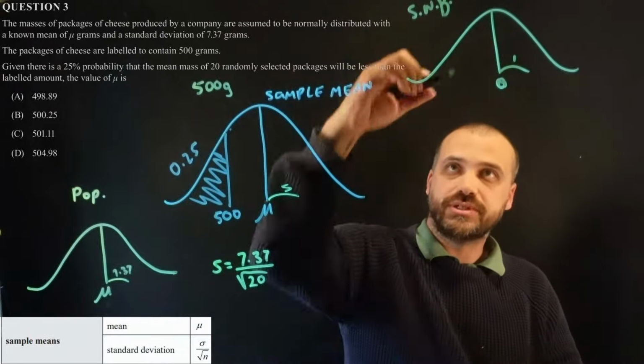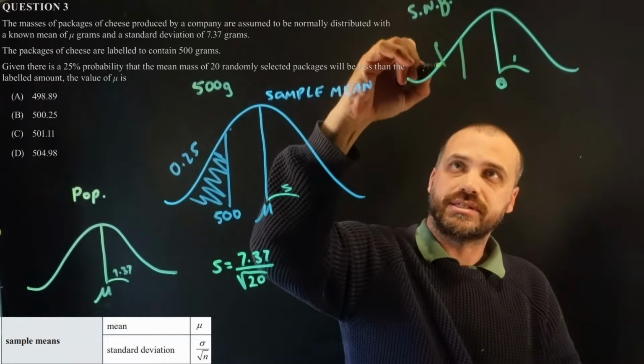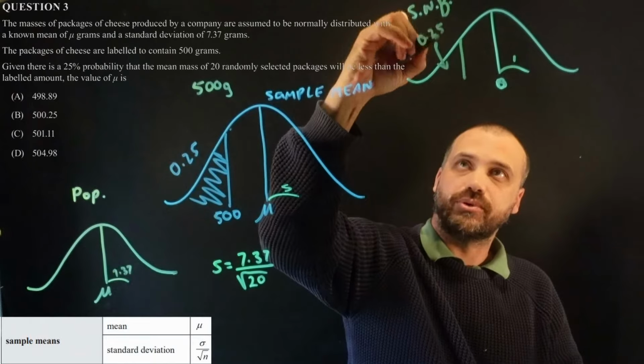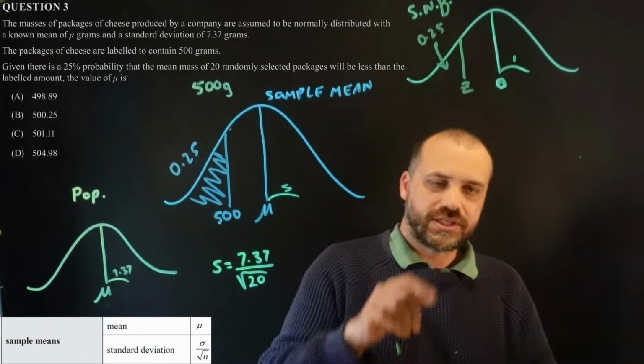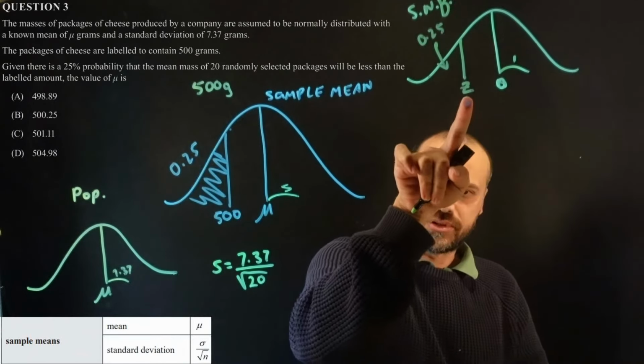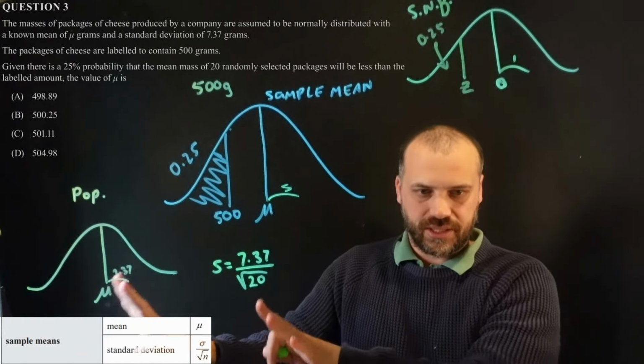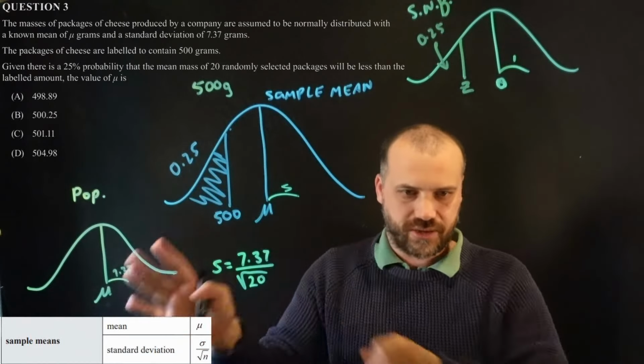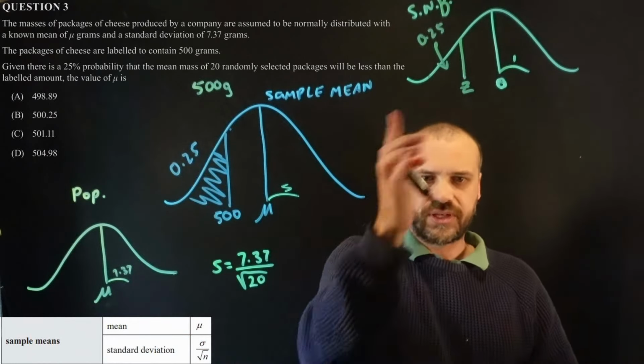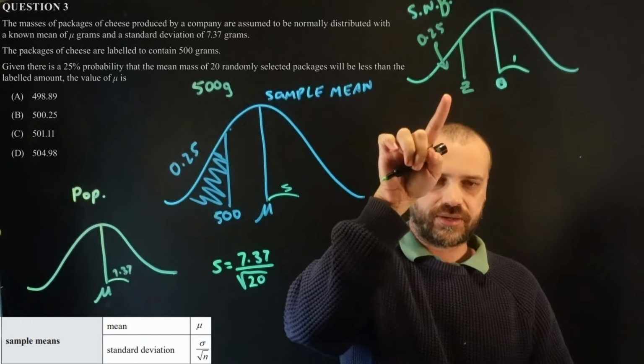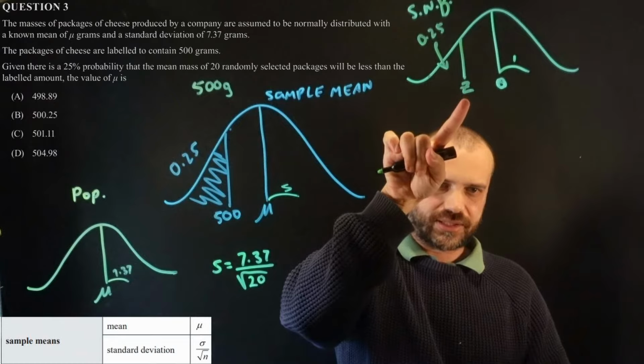And I'm going to use this to calculate the z-score of 0.25. Because if I find this z-score, then I can use it in this formula. We're here now. Let's use our calculator to calculate this z-score.